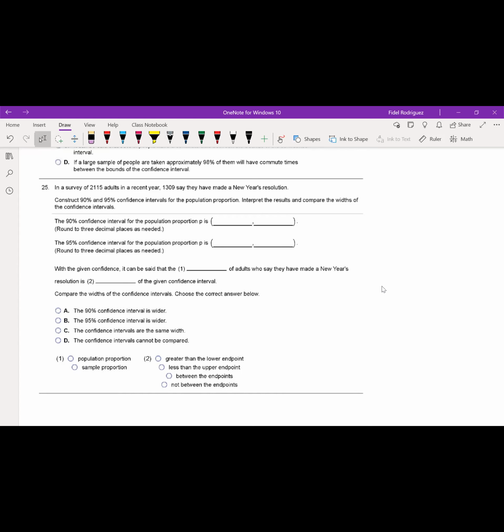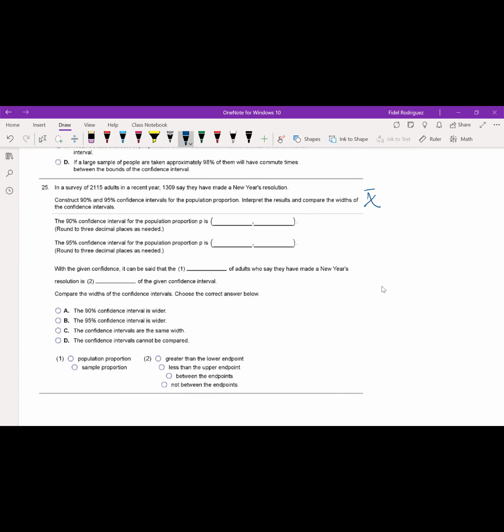Give me one quick second. I'm going to pull something up on my iPad because I want to use the correct notation in the correct format. So what we want to do is find a couple of things.